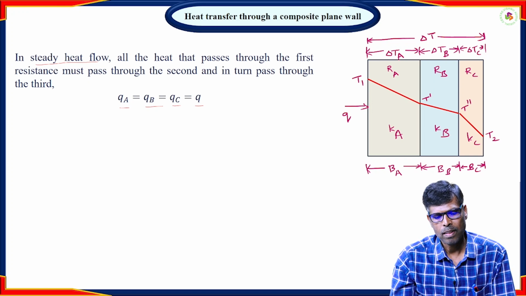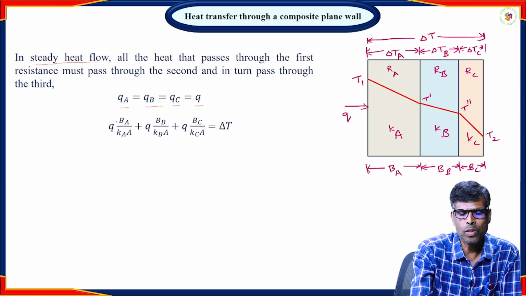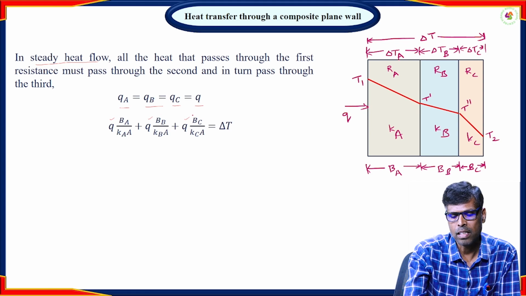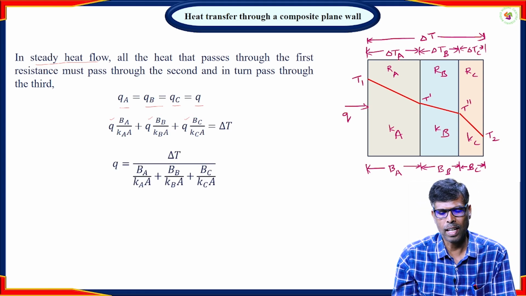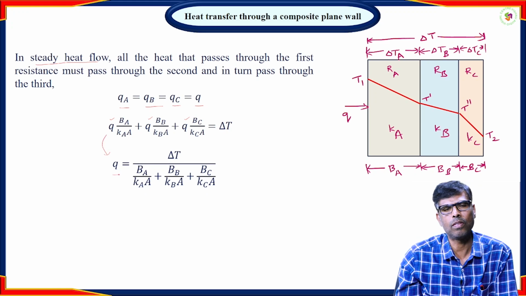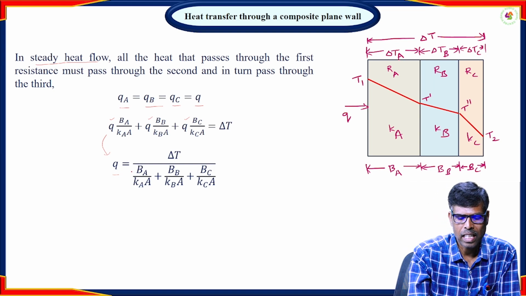Based on this, in the previous equation, QA is replaced with Q, and similarly QB and QC are replaced with Q. Rearranging this same equation, we get Q is equal to delta T by BA by KA A, which are individual resistances.